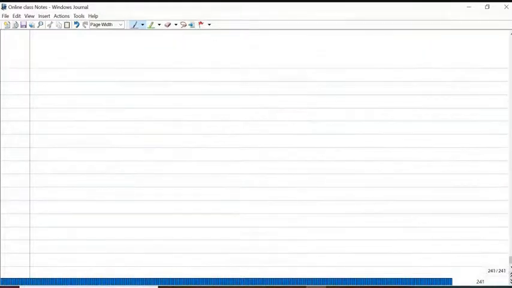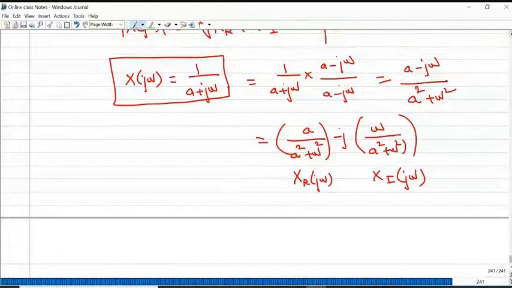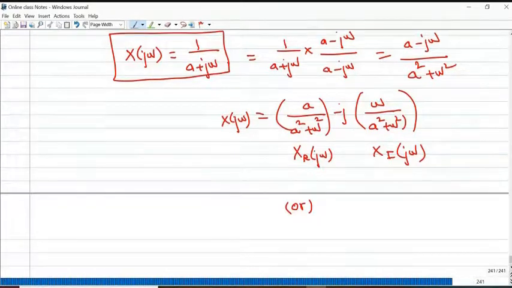So this is one way. Or in the textbook, you can directly write modulus X of j omega for the equation 1 divided by a plus j omega.